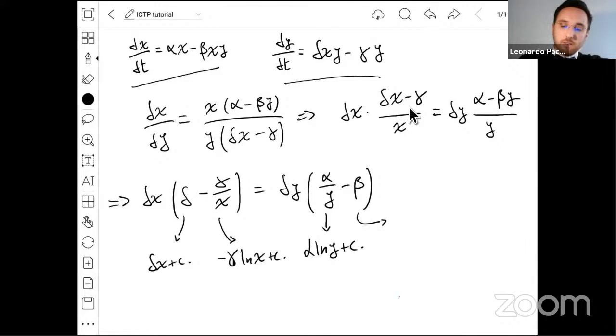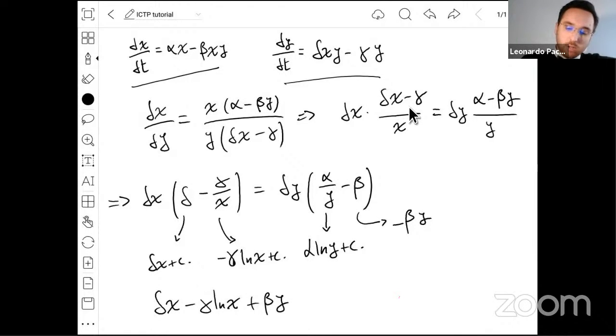And this here gives minus beta y. So in the end, basically we have that delta x minus gamma logarithm of x plus beta y minus alpha logarithm of y, which we call W, is a constant. So indeed, we have found a conserved quantity for the Lotka-Volterra system.